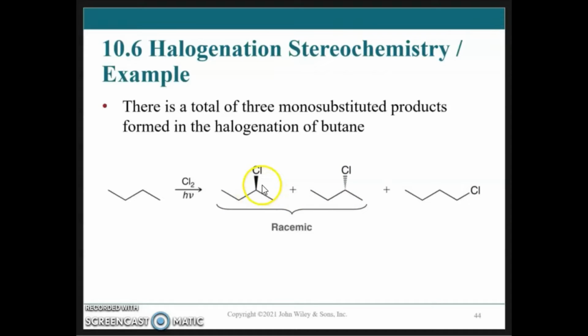So these two will be in equal proportion. Earlier, we said that the substitution at the secondary position would be about 60%, while substitution at the primary position would be about 40%. So we're looking at 40, 30, 30 in terms of our total product distribution.